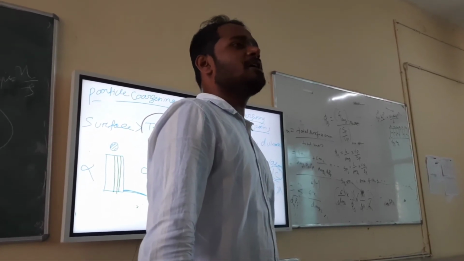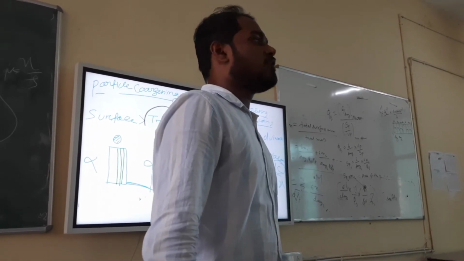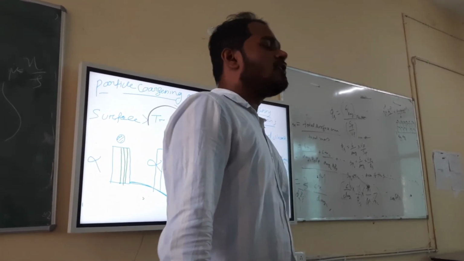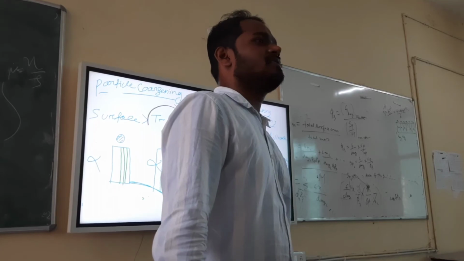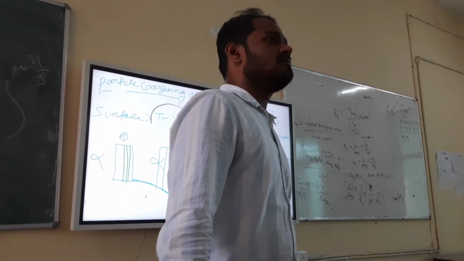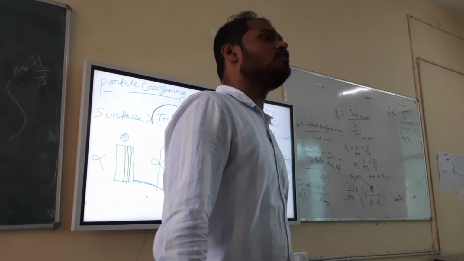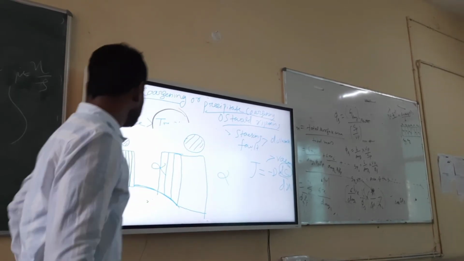Second question: when the bigger precipitate grows and the smaller precipitate shrinks, what happens to the concentration gradient? Just use your mind, or you can go through the textbook if you want.